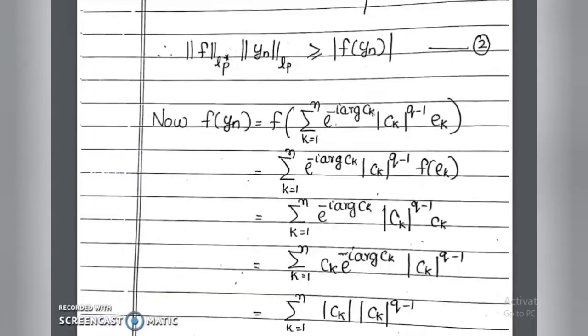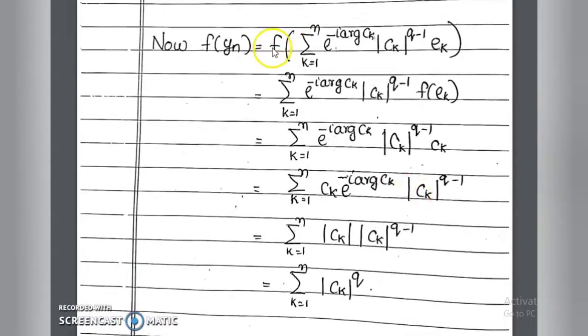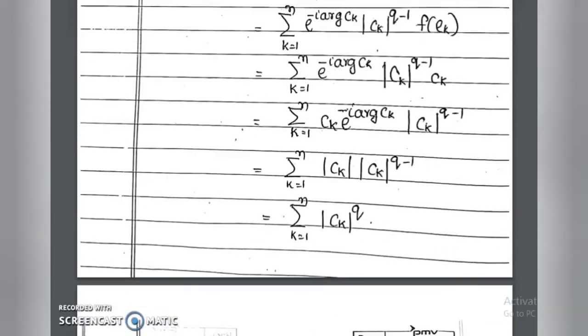Now what is f(yn)? f(yn) is f of this value, and since f is linear, you can take f inside this sum. This is f(ek), which is ck, and ck times e raised to minus i arg ck is |ck|, so finally this equals |ck| whole raised to q.